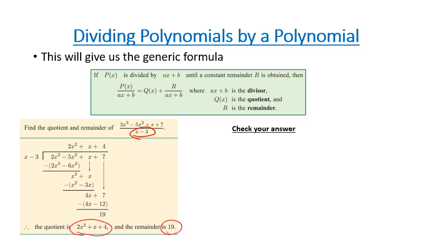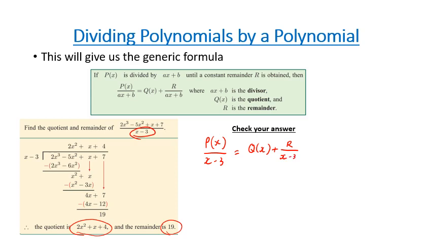In this particular case, p of x divided by x take 3 is going to equal q of x plus our remainder, which is 19, and I don't know what all this is yet because we haven't done it, even though the example's there.